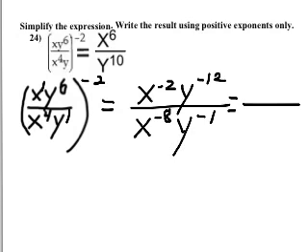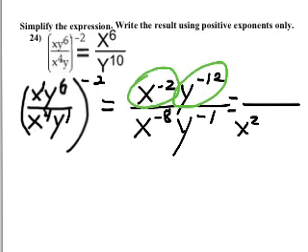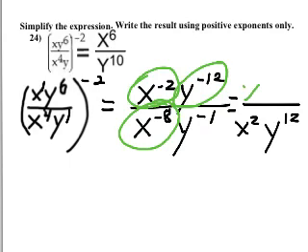X, I'll circle them. X to the negative 2 becomes x to the positive 2 when it's put in the denominator. Y to the negative 12 becomes y to the positive 12 in the denominator. X to the negative 8 becomes x to the 8 in the numerator.